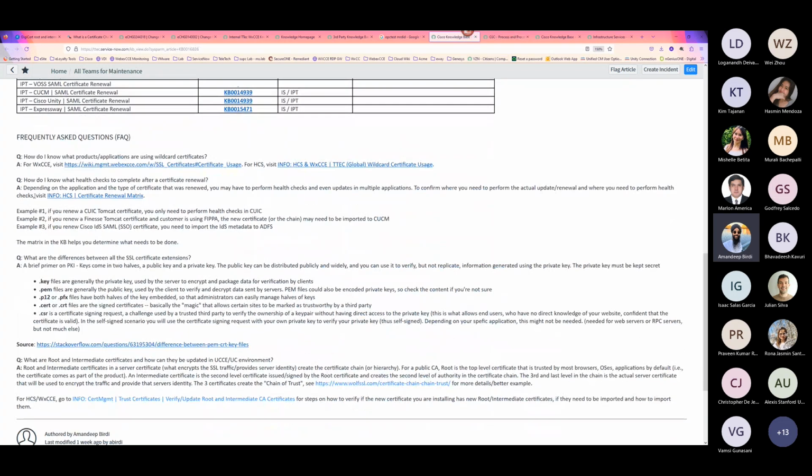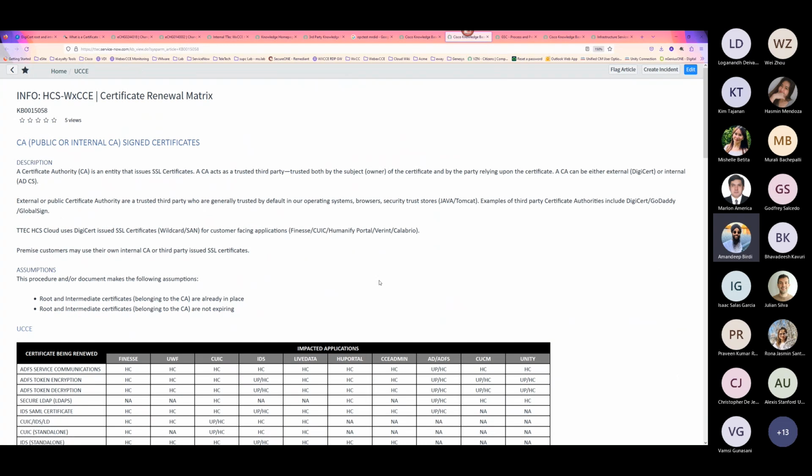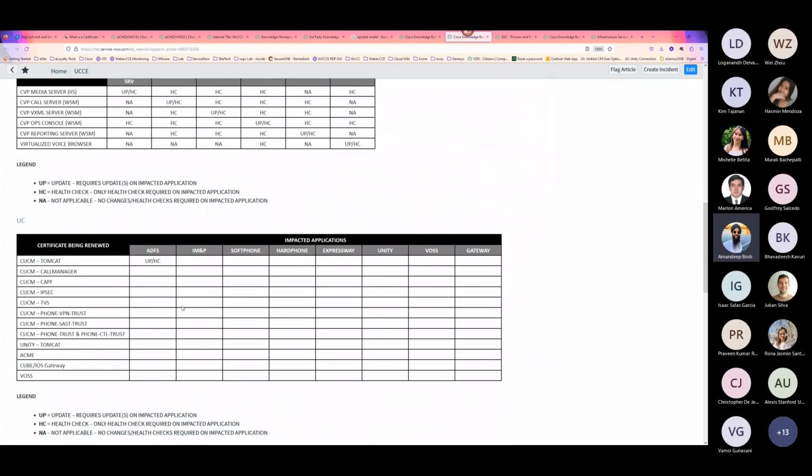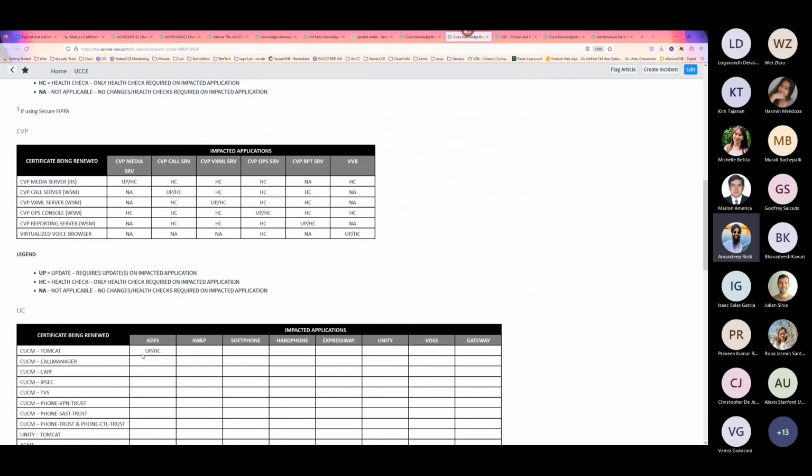I also have a little section here on health checks. How do I know what health checks need to be completed after a certificate renewal? So I started working on this. I did all of UCCE, CVP, but I never finished UC.